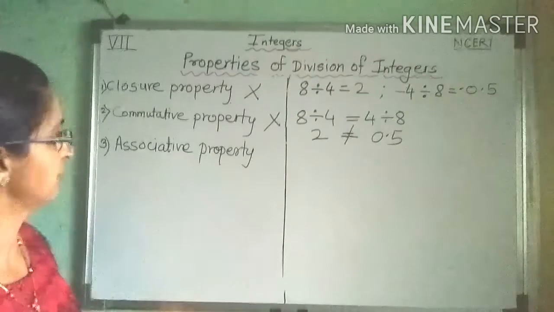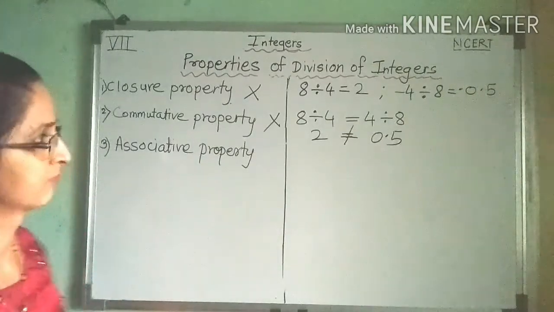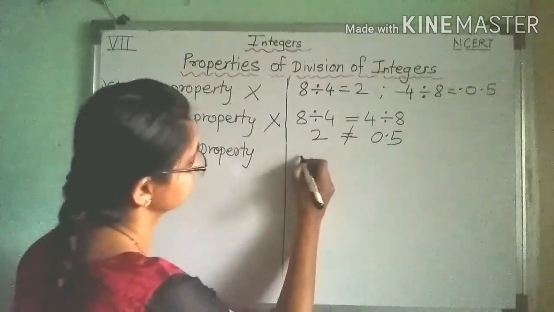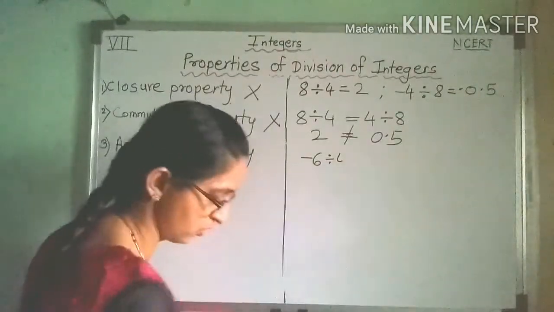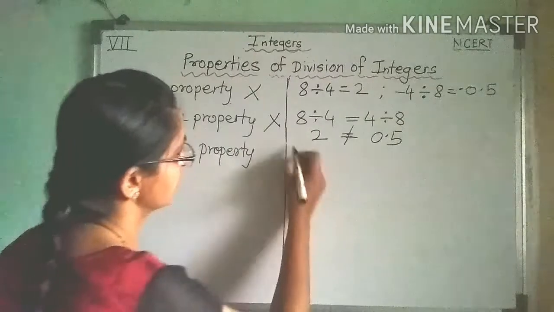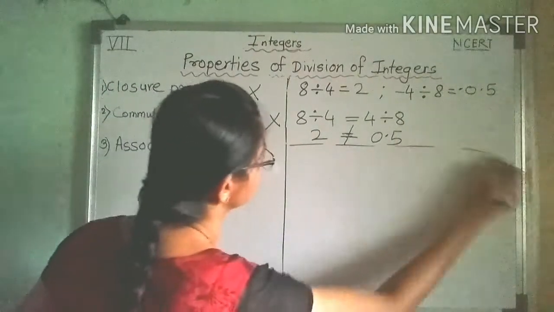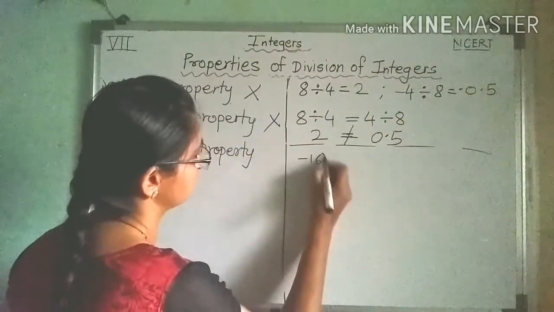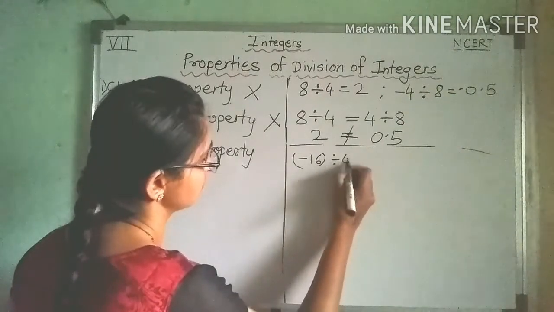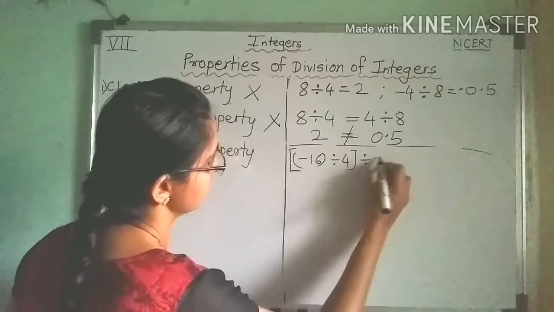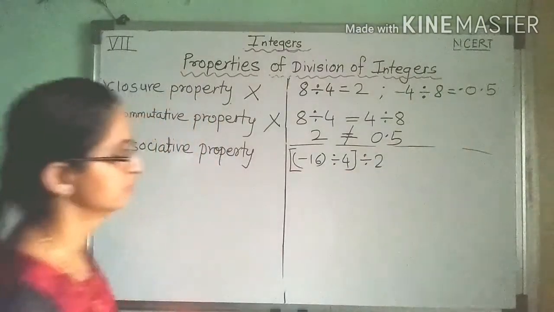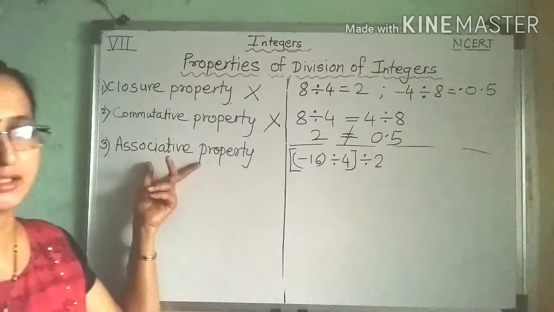Now, the next property, associative property. Example of this: minus 16 divided by 4, divided by minus 2. What is associative property?